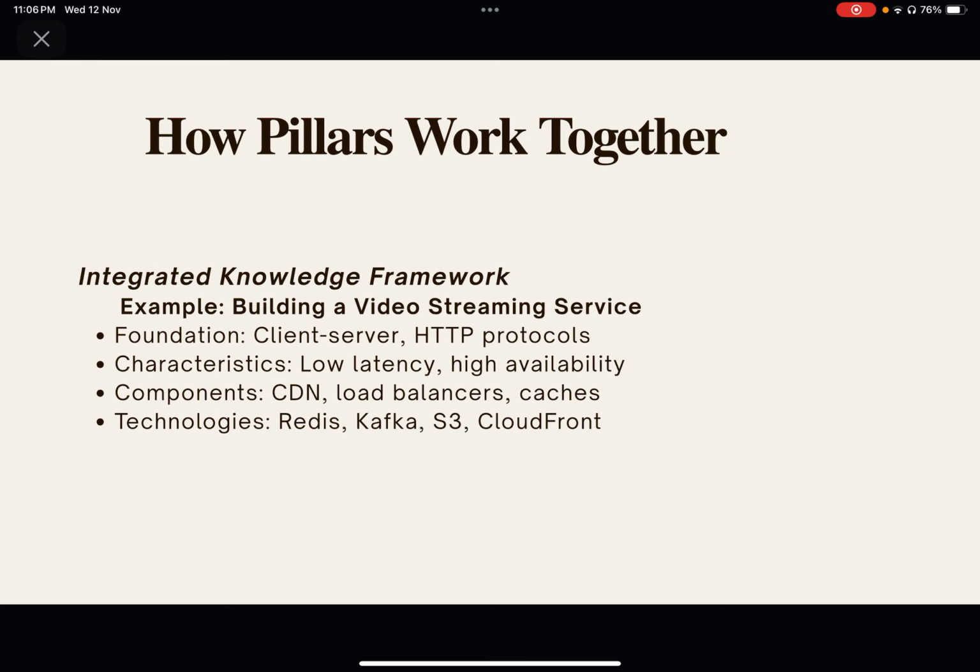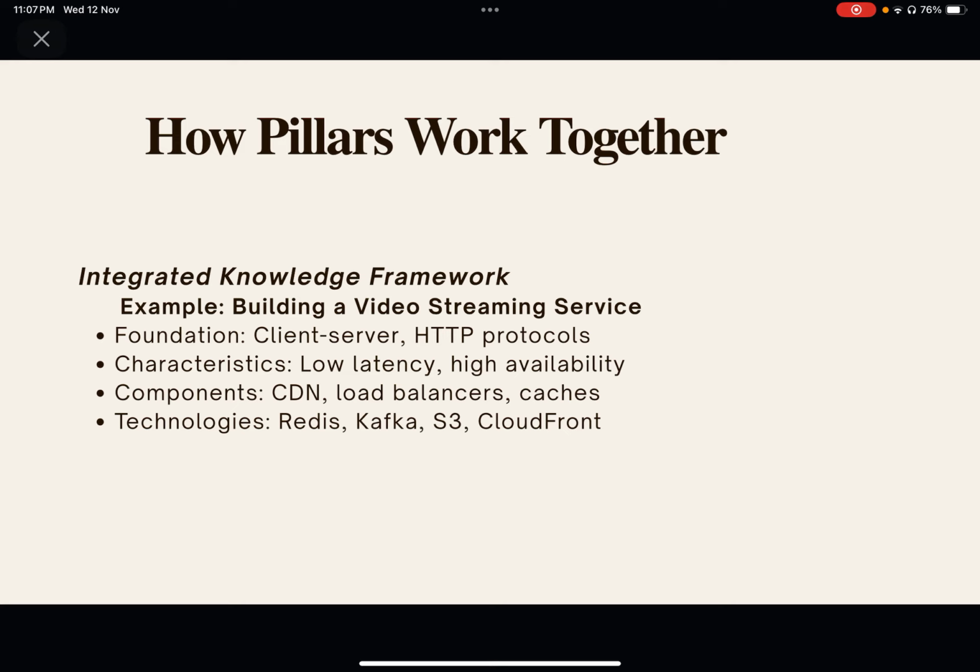Then how all these pillars work together. I will show it with a real example. Imagine designing a video streaming service like YouTube. First you start with the foundation knowledge: you understand the client-server architecture and HTTP protocols for video delivery. Then you consider the system characteristics: you require low latency for smooth playback and high availability so users can watch anytime.